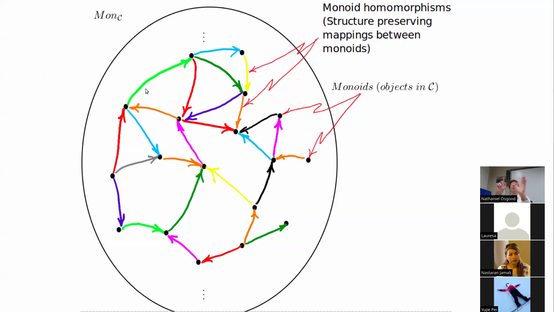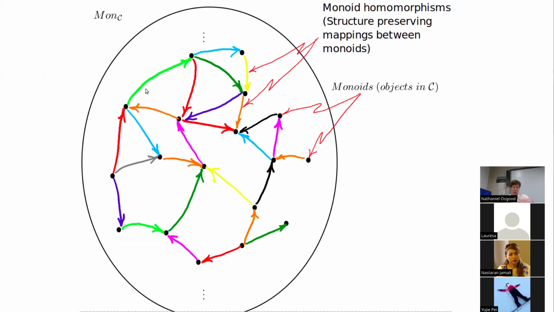And they're only those well-behaved maps, namely the ones that preserve the structure. Do you get this notion? The objects are monoids and the morphisms are monoid homomorphisms. There are these well-behaved mappings between monoids, not just scrambling.